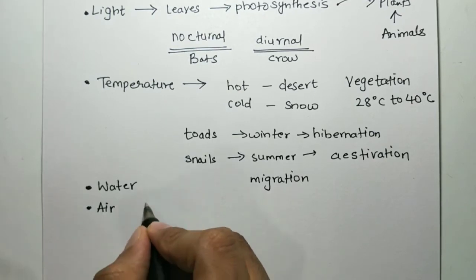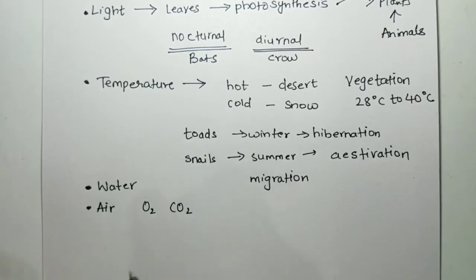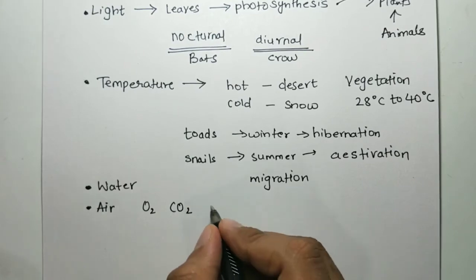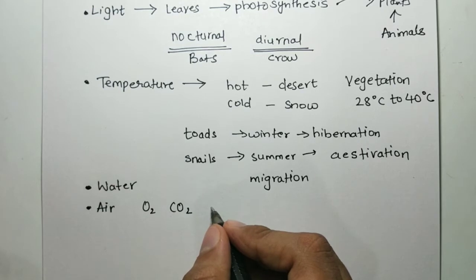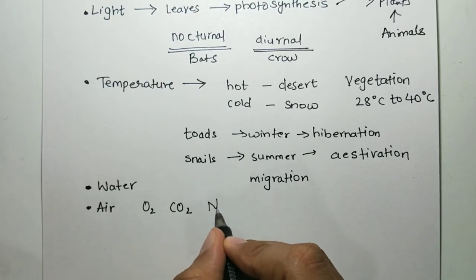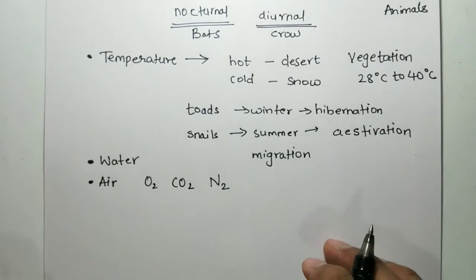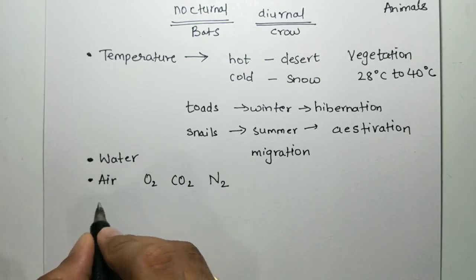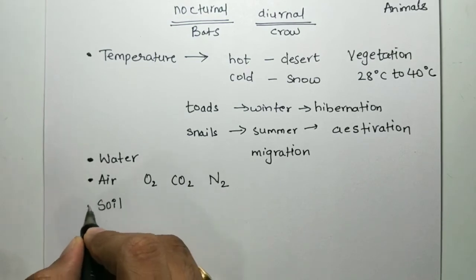Without air, without oxygen, or without carbon dioxide, life is not possible on earth. Okay, carbon dioxide is also important. Then fossil fuels are important, and these gases, along with oxygen, carbon dioxide, nitrogen, are present in atmosphere in adequate amounts. Okay, then the next component is soil.